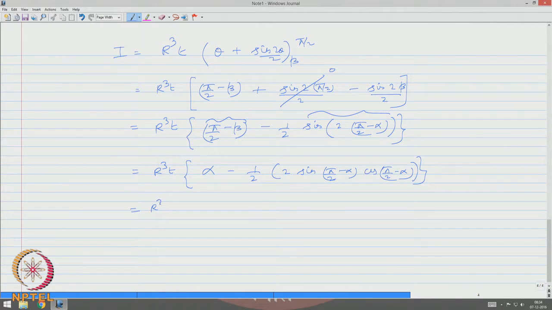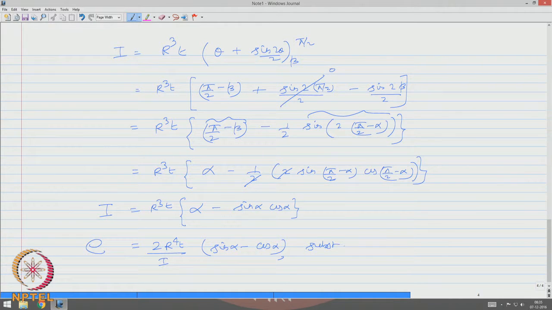That gives r cubed t times (alpha minus sin alpha cos alpha), and that is going to be I. Therefore, E is equal to 2 r^4 t by I times (sin alpha minus alpha cos alpha).